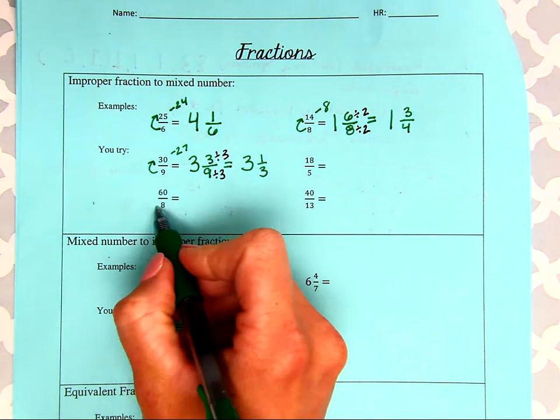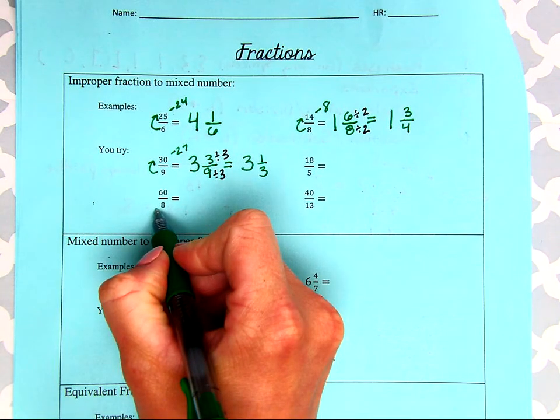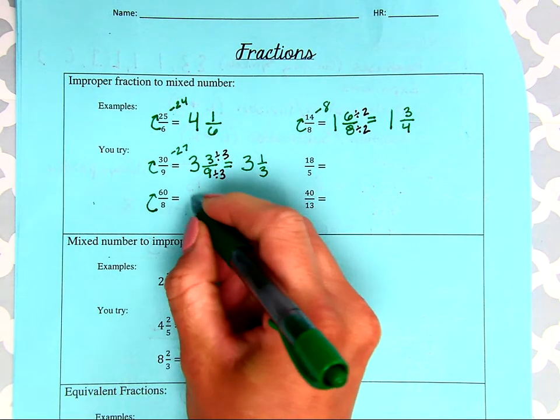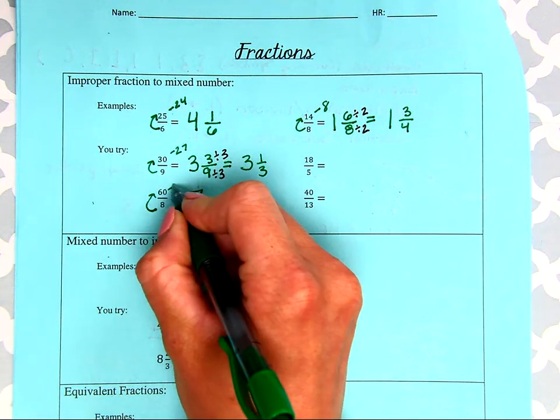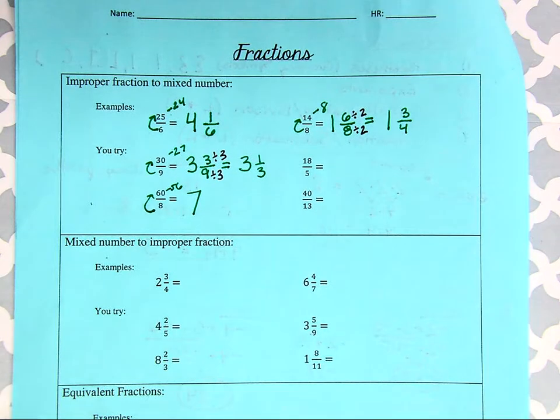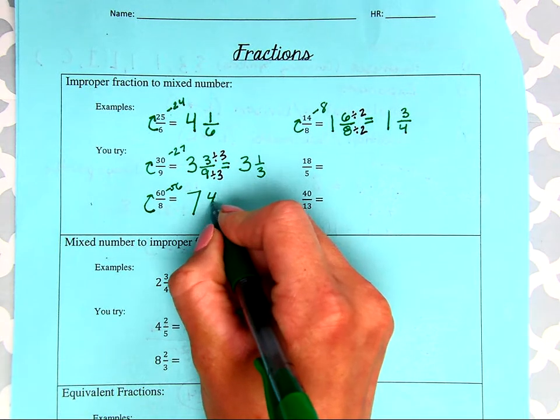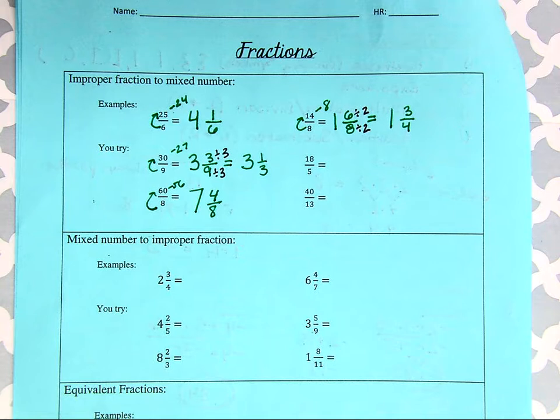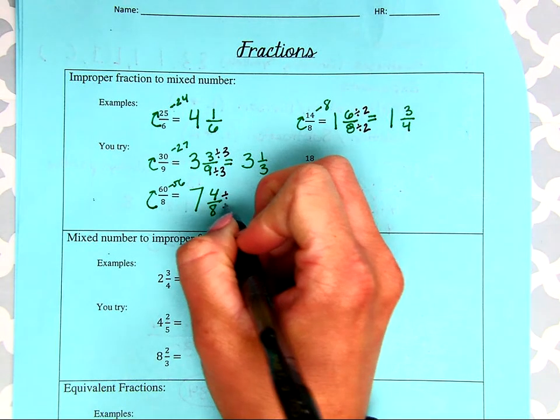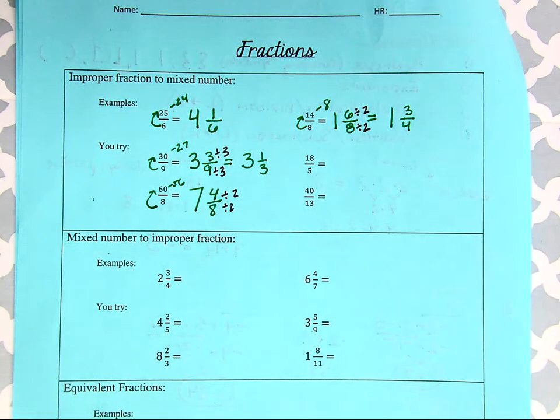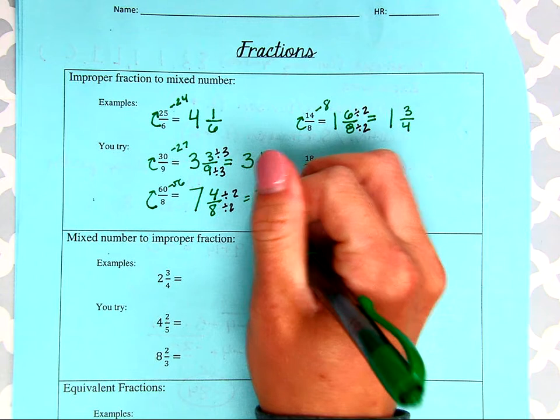Okay, so I'm going to jump down here to this one. 8 can go into 67 whole times. So 8 times 7 is 56, so we're taking that 56 away. Which leaves us with 4 out of 8. Again, I can simplify this one step further to get 1/2 there.